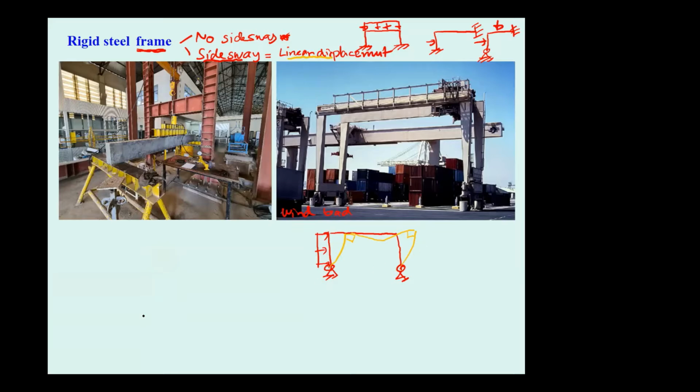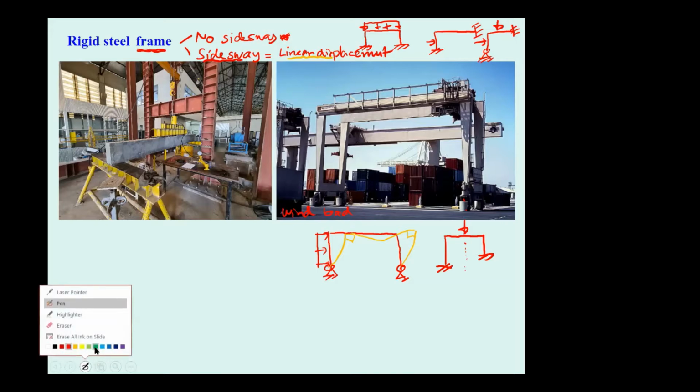Even though the frame is in a shape like this, and the load is symmetric, even though the load is passing through the half of the structure, this frame also has side sway, since the column on this left hand side is taller.